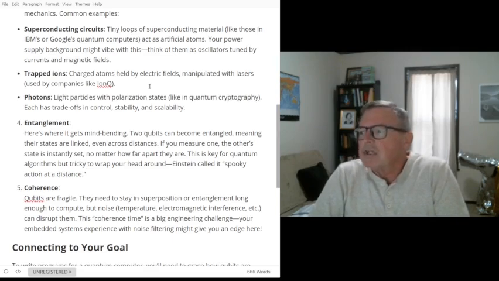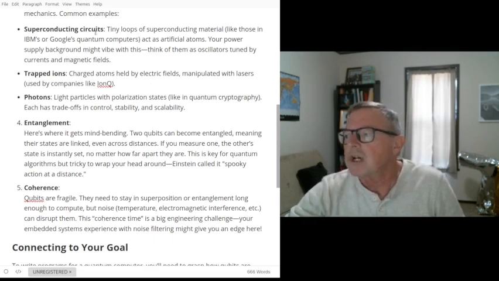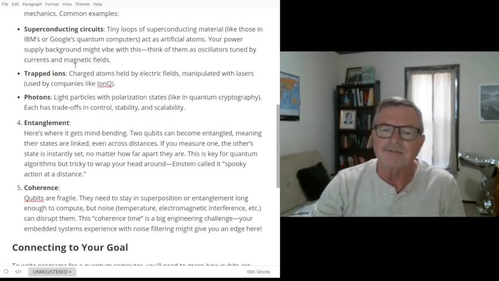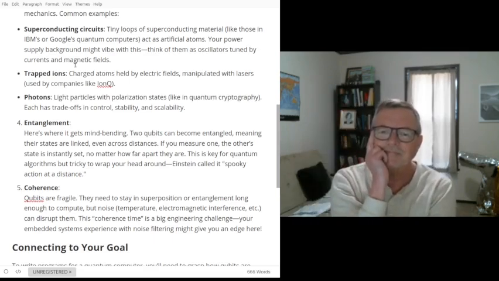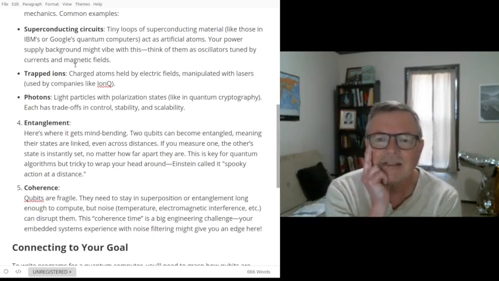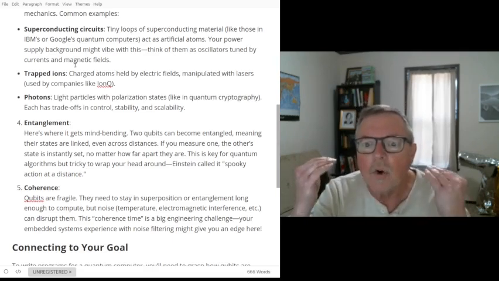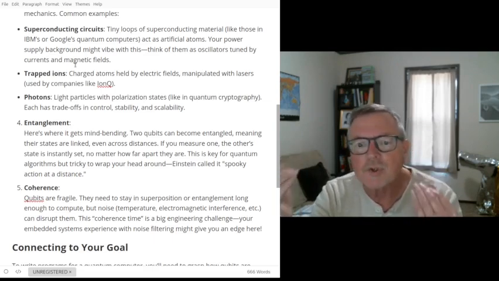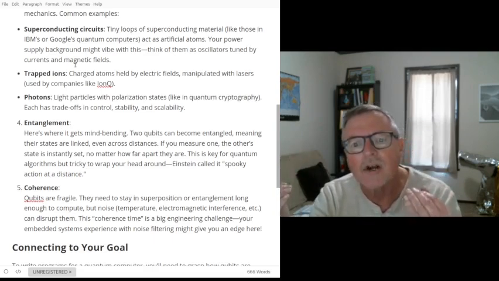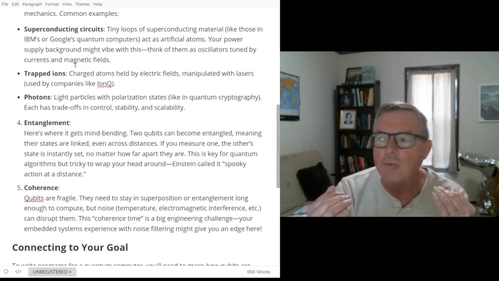Here, superconducting circuits can be the quantum mechanical qubit. Think of them as oscillators tuned by currents and magnetic fields. Does that explain it? No, that doesn't explain it. That says we need a whole video on what superconducting circuits are and how those can be a qubit.